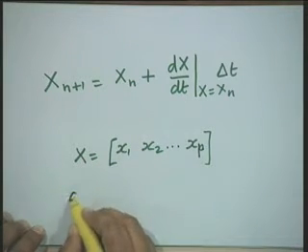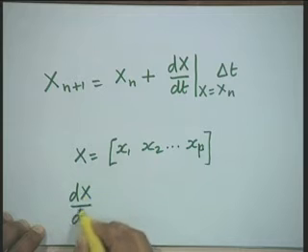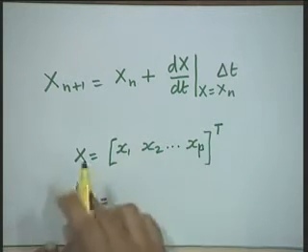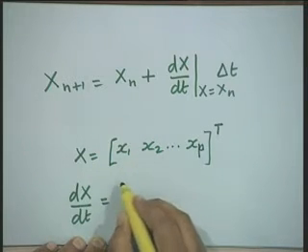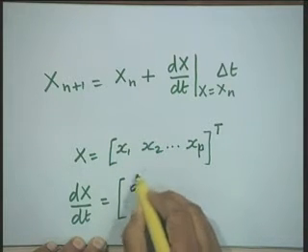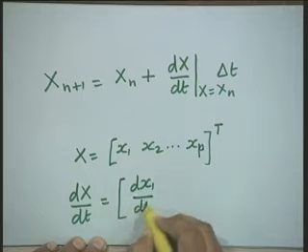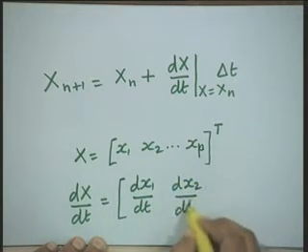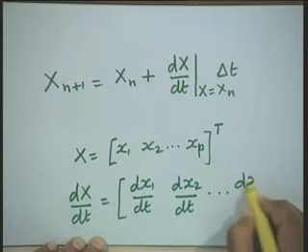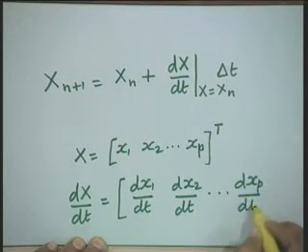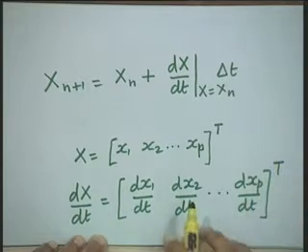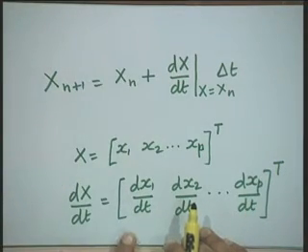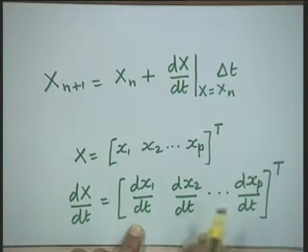Then dx by dt, X is a column vector, can be written as dx1 by dt, dx2 by dt, dxp by dt whole transpose. It means when I say the derivative of this x, I am taking the derivative of each of the variables, dx1 by dt, dx2 by dt, and so on.